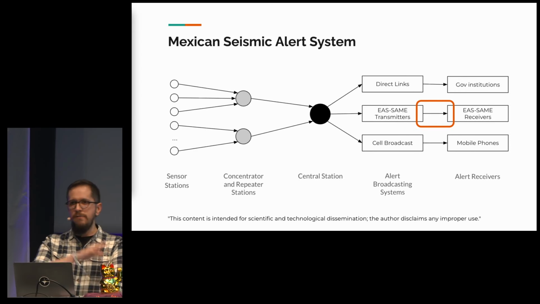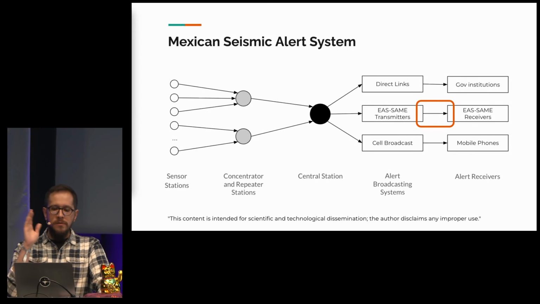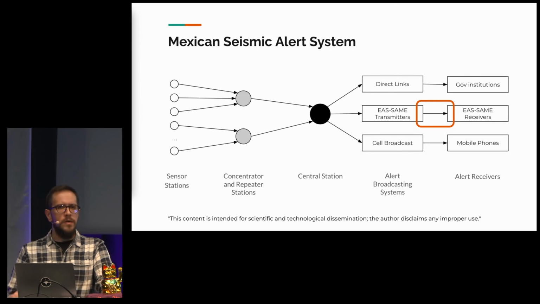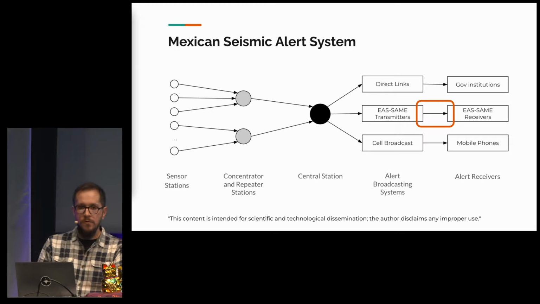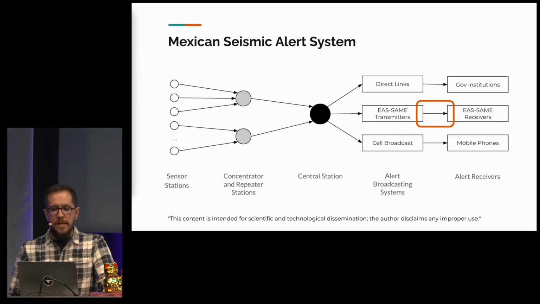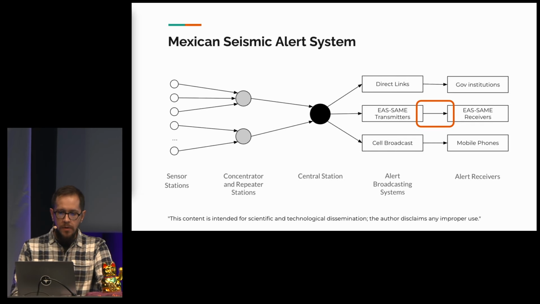And they send an alert in different channels. One is with direct links with the government institutions in Mexico. And then we also have, and that's what we are going to talk about today, a network of transmitters that use the EAS-SAME system. So we're going to look at this.